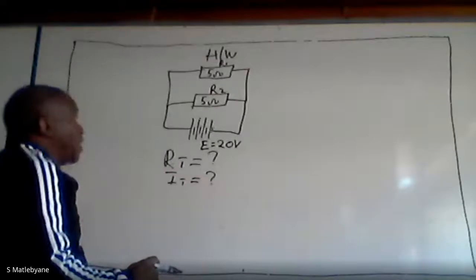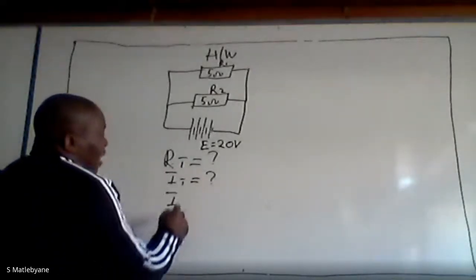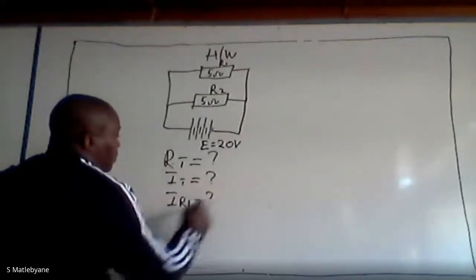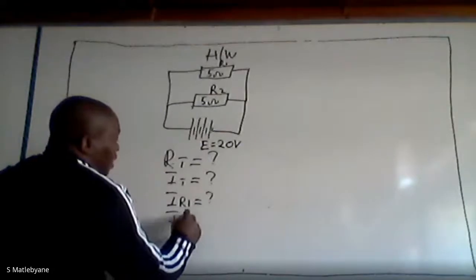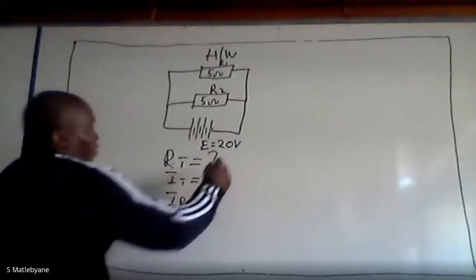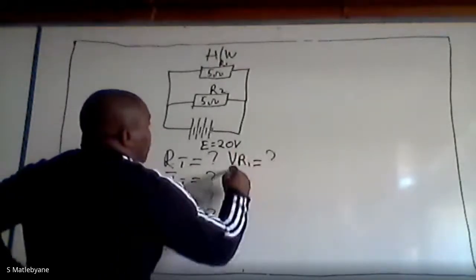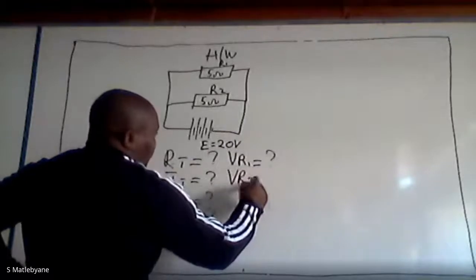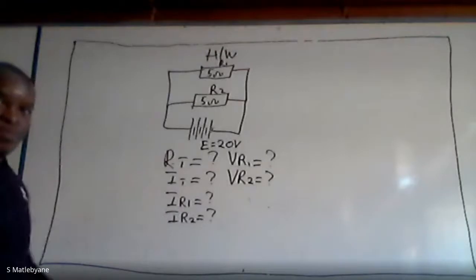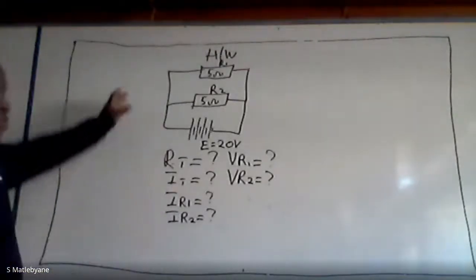Then you calculate current across resistor 1 and current across resistor 2. Then you calculate voltage across resistor 1 and voltage across resistor 2. So this is your homework.